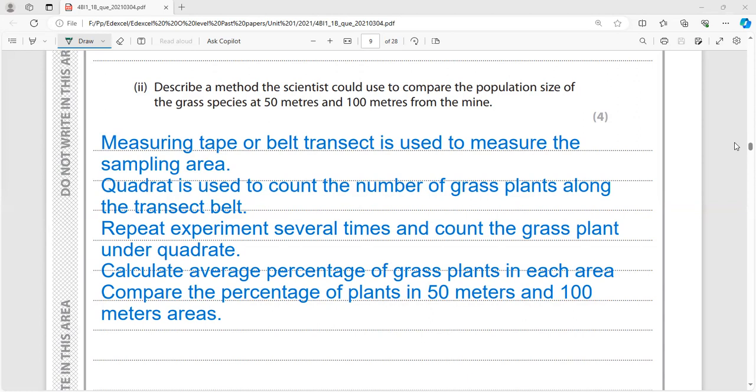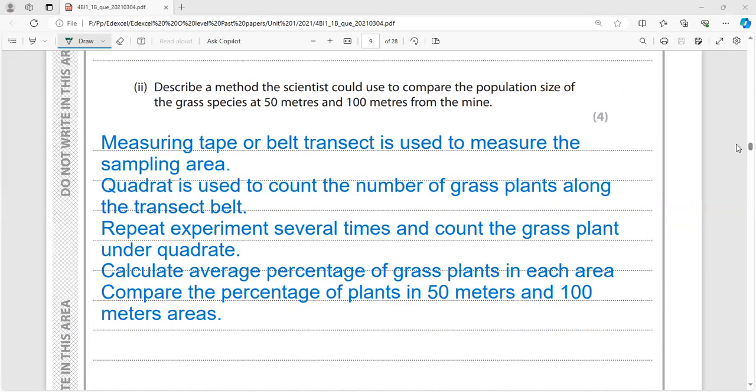And the third point, we repeat the experiment several times to count the grass plants under the quadrat. And the fourth point, you can write, calculate the average percentage of the grass number in each area and compare these two regions, 50 meters away from the zinc mine and 100 meters away from the zinc mine.